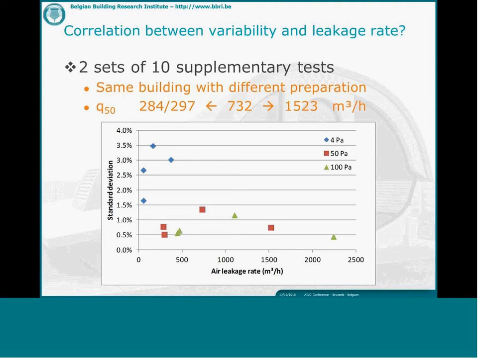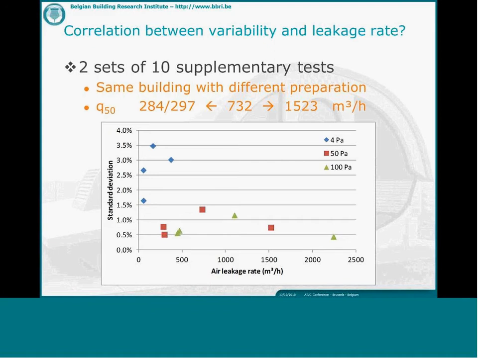In 1990, somewhere around that time, there was an article from Murphy saying that the standard deviation correlates with the air leakage. So we made 10 supplementary tests with a lower air leakage and 10 other tests with higher air leakage, but we cannot find any correlation between the air leakage and the standard deviation.